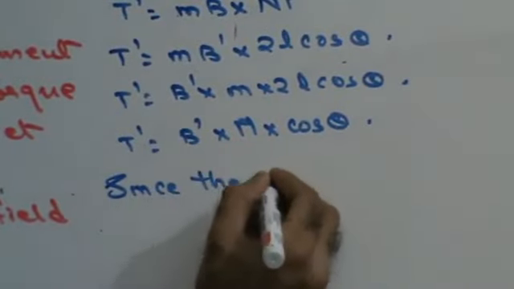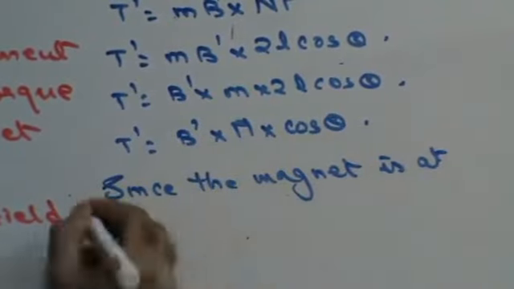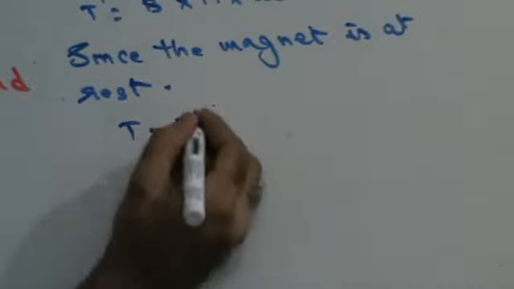Now, since the magnet is at rest, the two torques acting on the magnet should be equal. That means T should be equal to T bar. It is only when T is equal to T bar that the magnet will be at rest.